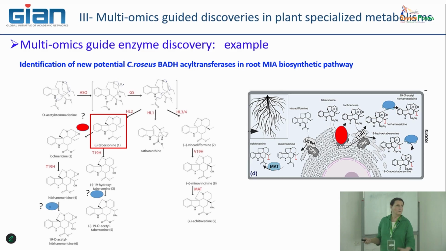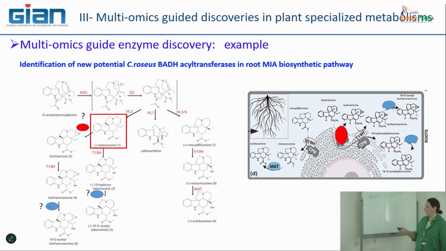So we needed to identify the enzymes responsible for the first conversion of tabersonine into lochnericine, and also the enzymes that are able to produce these 2 end products of the metabolic pathway.